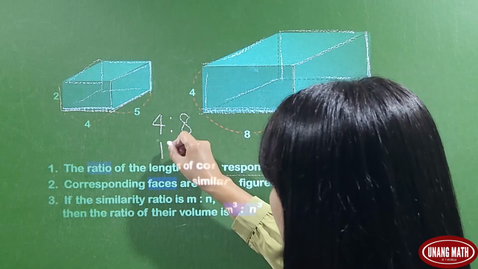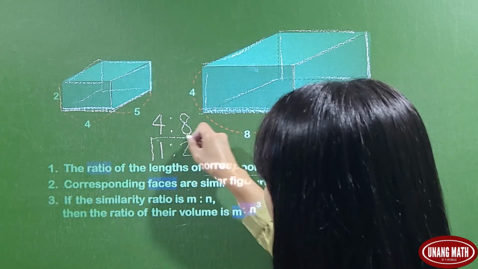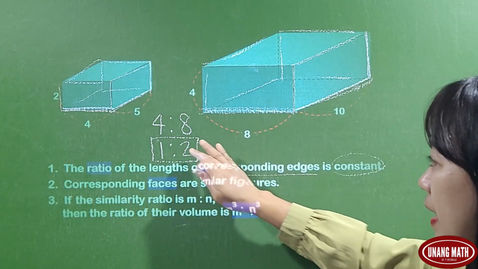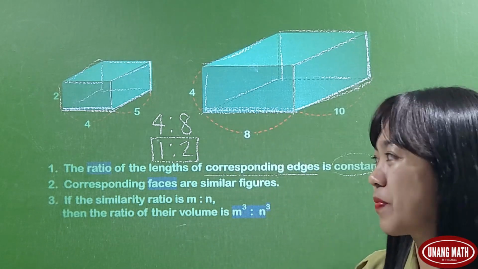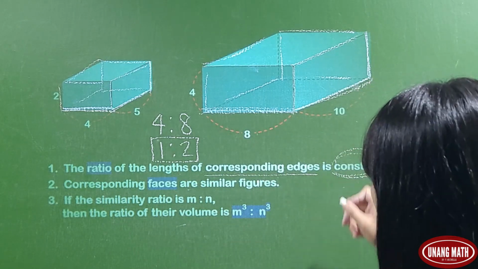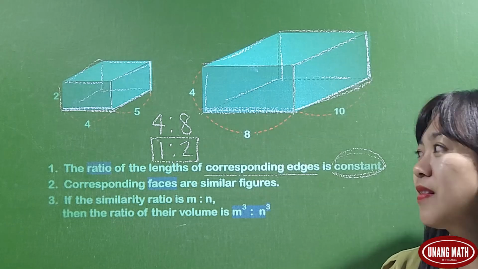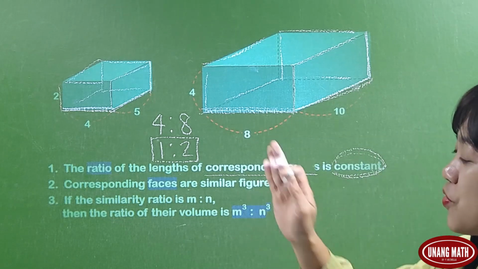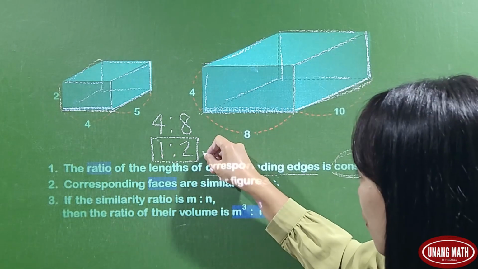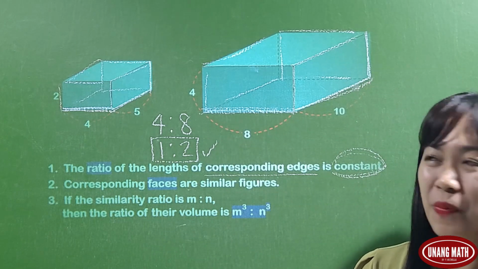And if we simplify, it would be 1 is to 2. So the ratio of similarity is 1 is to 2. Since the ratio of the length of corresponding edges is constant, then it means the rest of the ratio of the length of corresponding edges is also 1 is to 2.